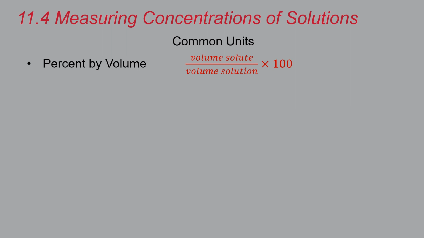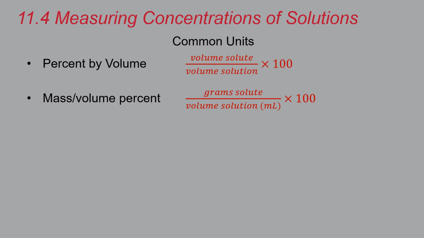This one actually is used fairly regularly in the food and beverage industry. And here is the one that is not used very much at all, and that's mass volume percent, and that is the mass of the solute divided by the volume of the solution in milliliters, and both of these are times 100. Now let's do some examples.